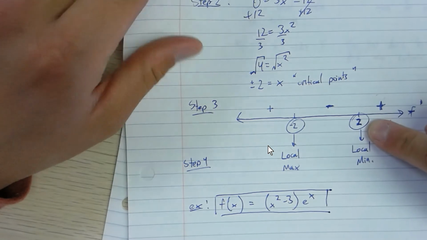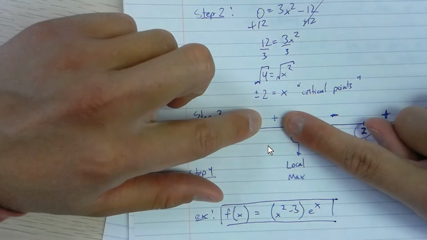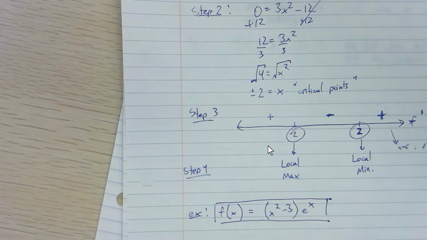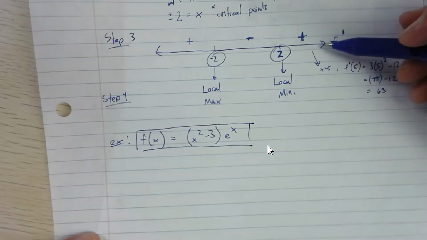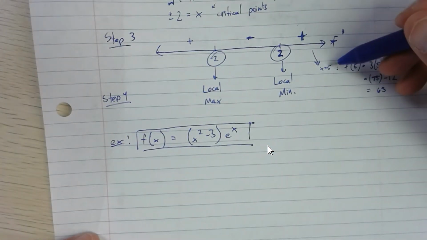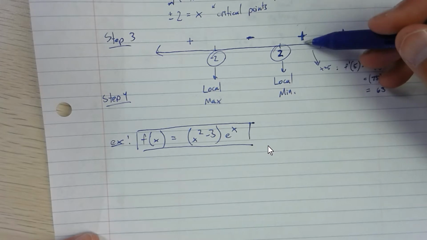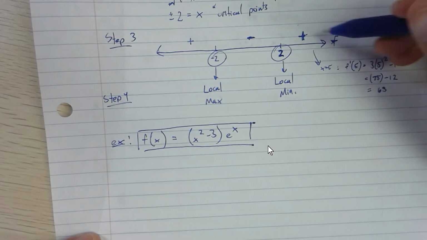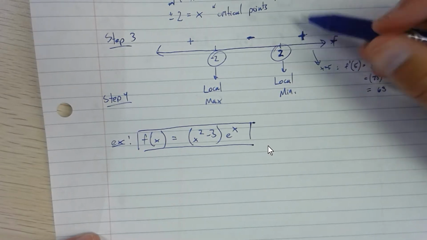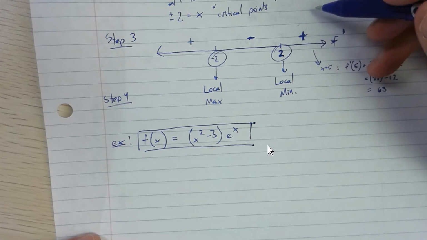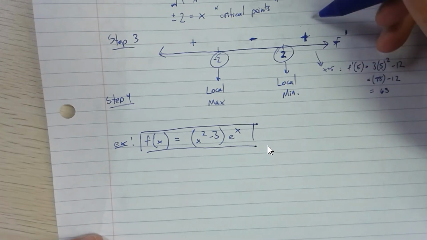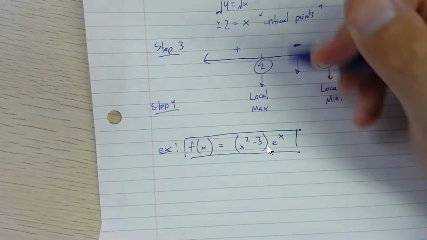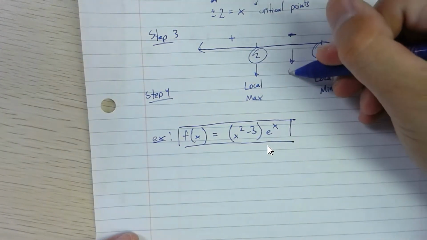And then what we did was we just plugged in a number. We plugged in a number that's bigger than 2, to the right, right into the first derivative. And I found that it was a positive number, so I just put that it was positive. And over here, I took a number in between -2 and 2, which I could use as 0.